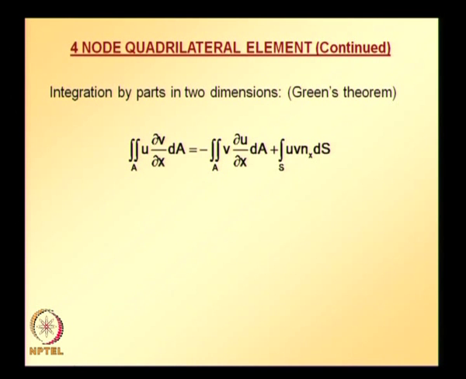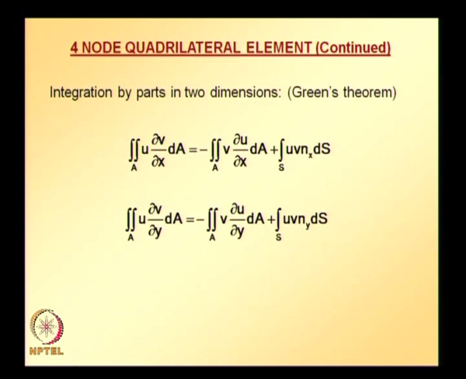and for the 3 node linear triangular elements, I already gave you these formulas, integration by parts in 2 dimensions: the double integral of u times the partial derivative of v with respect to x dA is equal to minus the double integral over the area of v times the partial derivative of u with respect to x, plus the line integral of u times v times the x component of the outward normal integrated over the boundary.